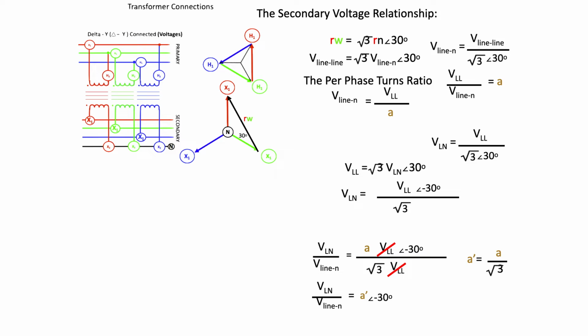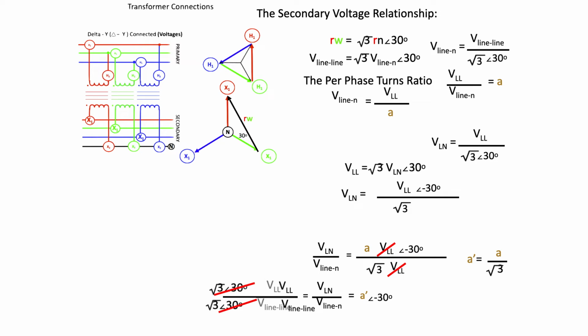Now, there is no primary neutral, so I'd like to reestablish this equation using line-to-line voltages, and we've got the conversion there of line-to-line or line-to-neutral voltages by establishing our phase relationships earlier on. And we can now replace the line-to-neutral values of this equation by their equivalent line-to-line values.